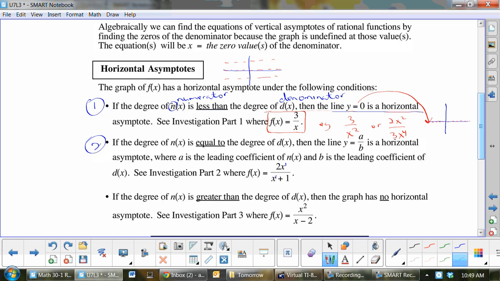That means I will have a horizontal asymptote at 2 over 1. So this would have a horizontal asymptote at y equals 2 over 1. That would look something like this, right? It would have a horizontal asymptote about here, that being 2.